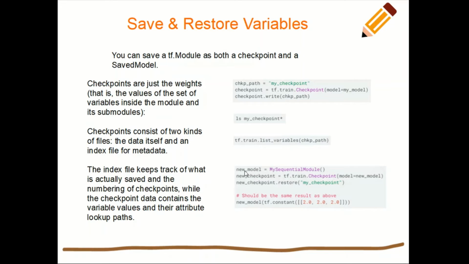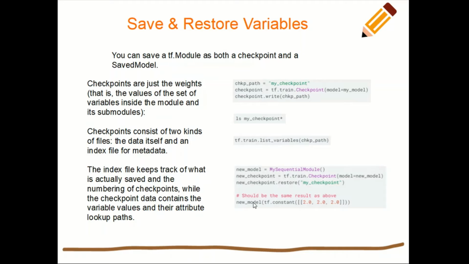So what we have to do is create a new instance of a model, my sequential module in this particular case. Then we create a checkpoint once again which represents this particular model, and then we can restore the weights from this path, my checkpoint, into the model that we have declared here.